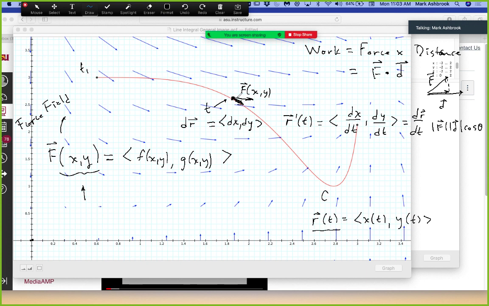I want to take as much of the force as is in the direction of motion. So my little bit of work is going to be F dot dr. Just like we said, F dot d. But now that d has to be just a little change in position, because as soon as we move to the next point, we have a different force and a different direction that we're going.